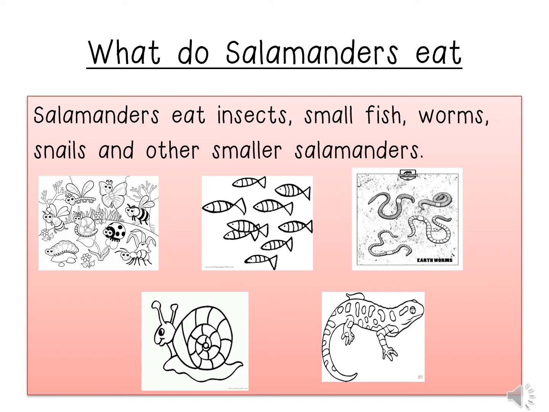The first picture shows a picture of insects. The second picture shows a picture of small fish. The third picture shows a picture of worms. The fourth picture shows a picture of a snail. And the last picture shows a picture of the salamander.